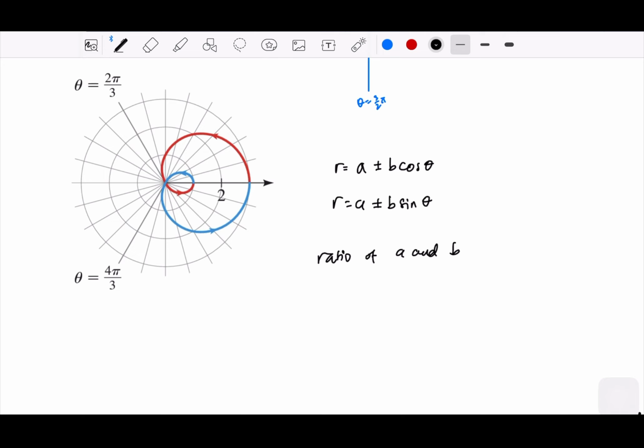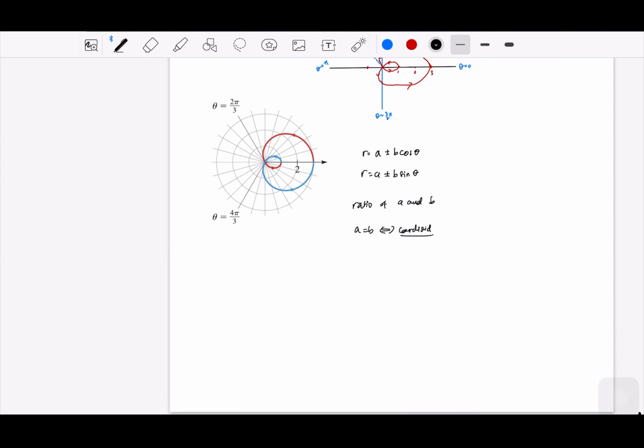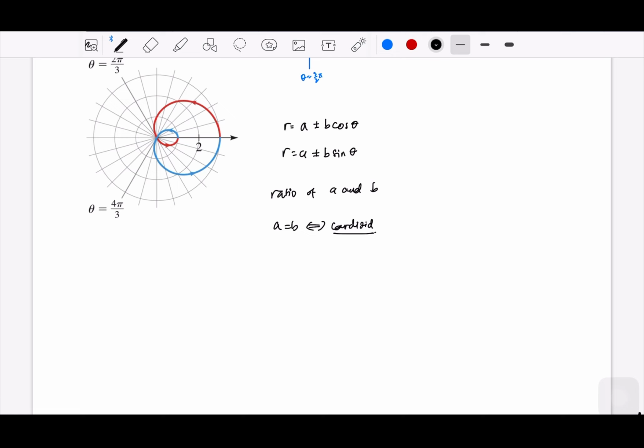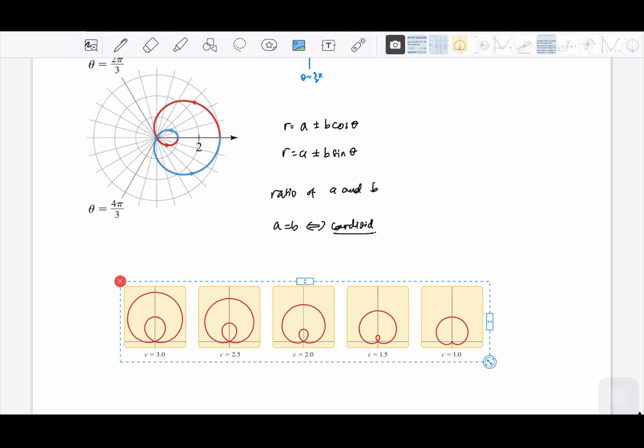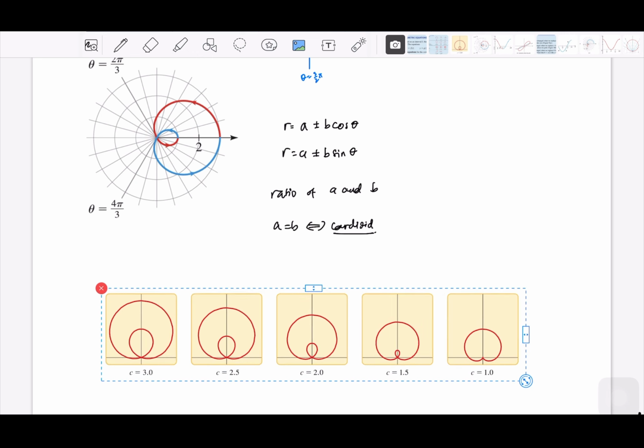In the cardioid, if a is equal to b, then it becomes a cardioid. Now let's see more examples of the limacon in general.